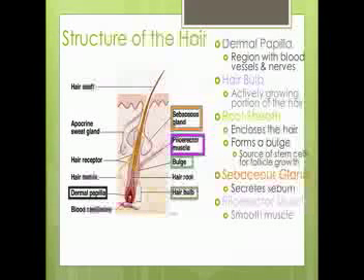And then what we haven't discussed is the pileo-erector muscle, or the pili erector muscle. Just depending on who's teaching it, they may say it differently. Really what this is, it is a smooth muscle that allows hair to stand up on end.